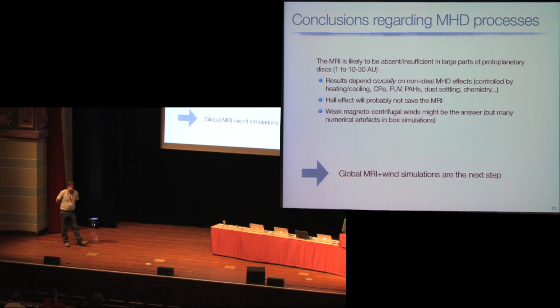The Hall effect will probably not save the MRI. And finally, there might be a way around these problems, which is to invoke some form of very weak, magnetocentrifugally driven wind, though this has to be confirmed using global simulations because of these artifacts I was telling you about.